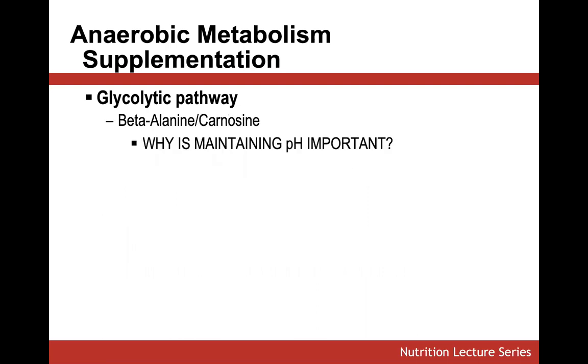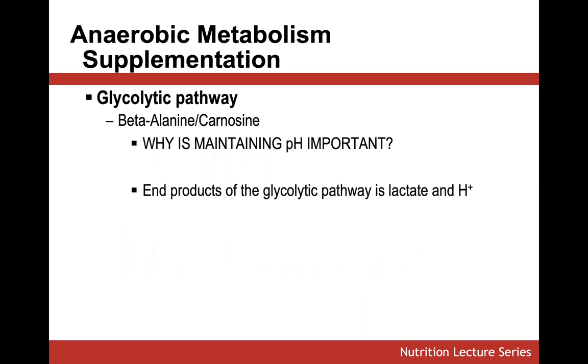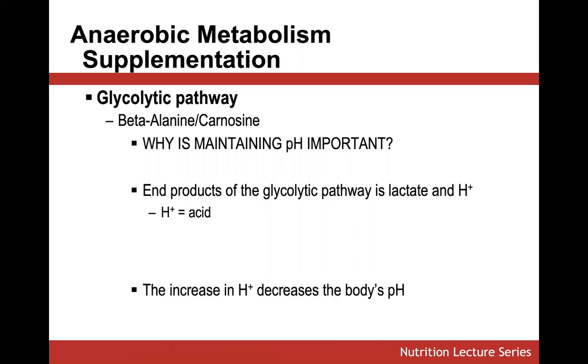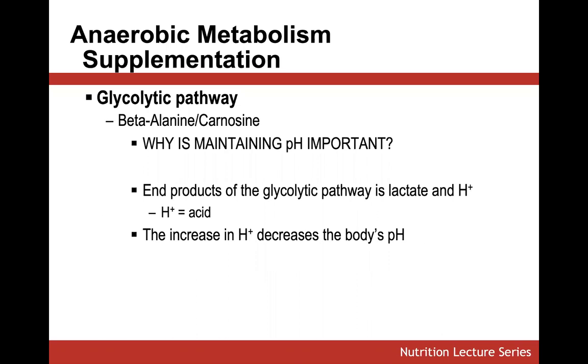So when we talk about pH, why is this important in the human body? Well, this goes back to the glycolytic pathway. The end products of the glycolytic pathway, after ATP is produced, are lactate and hydrogen ions. The hydrogen ions are acid ions. When you have an overabundance of acid accumulating in the blood, it causes the body's pH levels to decrease.